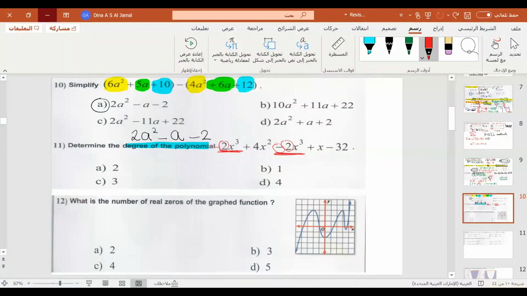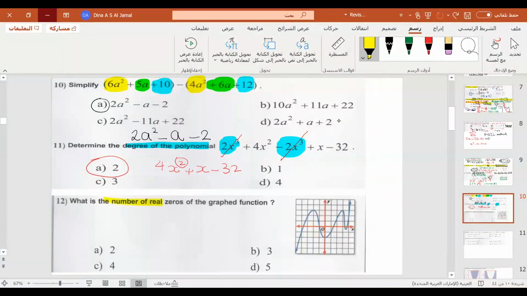That means these two terms will be cancelling each other. So this will cancel this. What is the new polynomial? x squared plus x minus 32. That means your highest degree is 2. That's it.